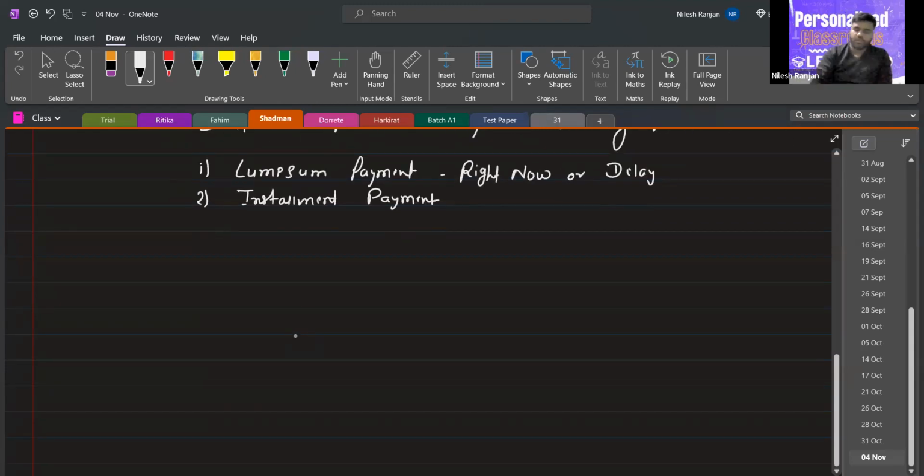Now, there is one rule regarding payment of the retiring partner's amount.